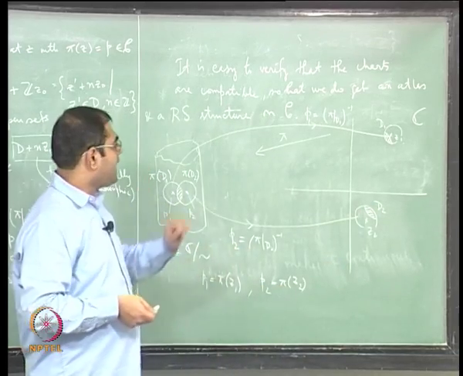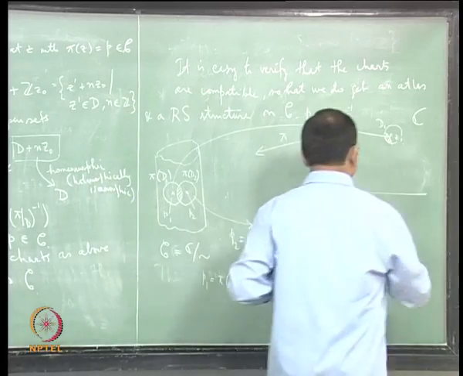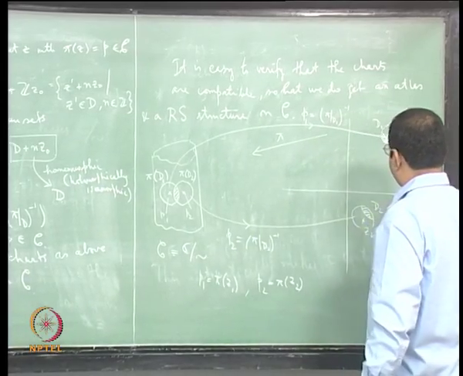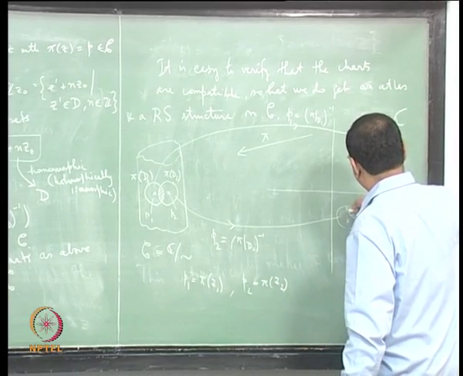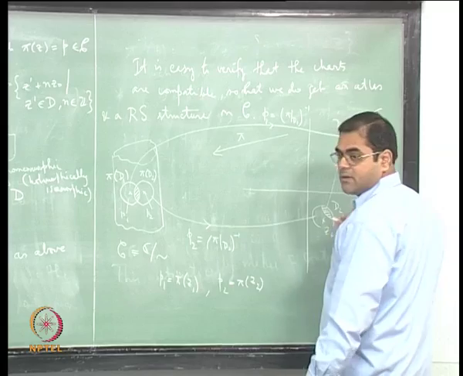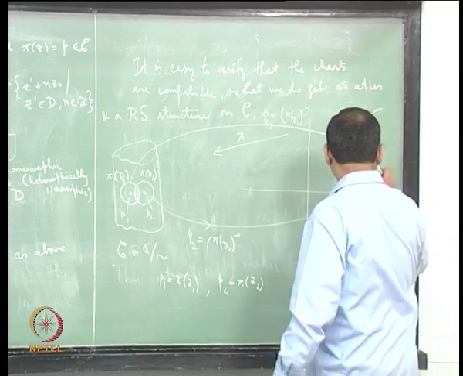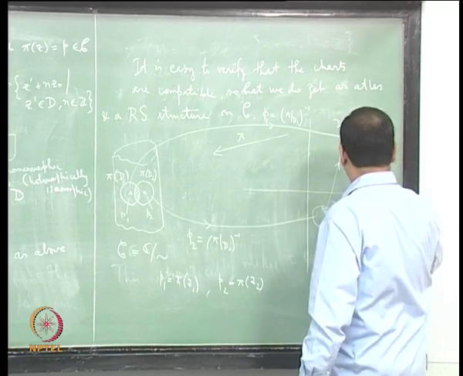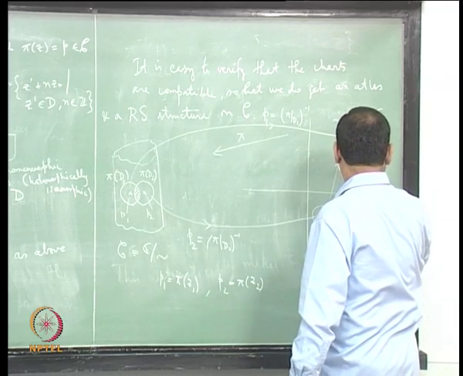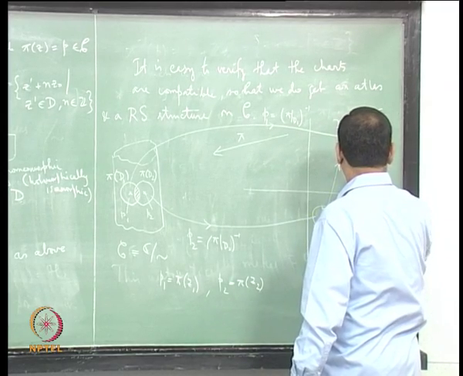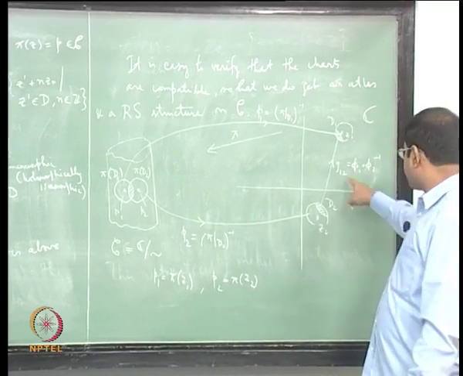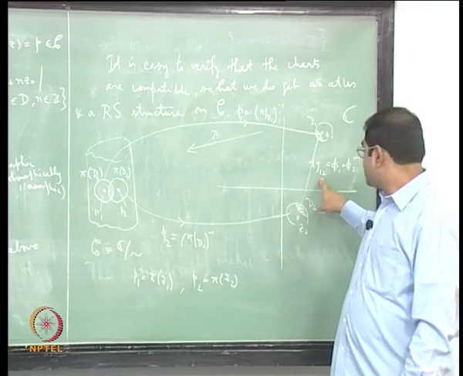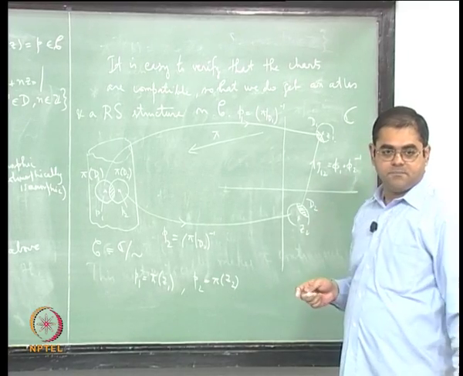I will have to say that the transition function is now going to go from here to here, which is go by phi2 inverse and then follow it up by phi1. This is my so-called G12, my transition function, and I will have to say that this is just a holomorphic map.